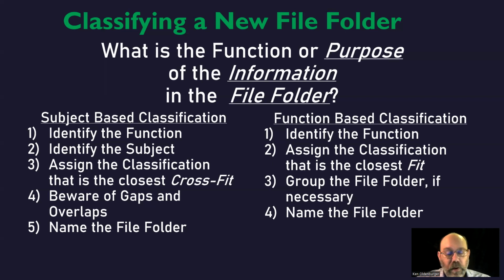That's a challenge. My recommendation there is to pick one that has the best retention schedule appropriate to the file folder. You also have to watch out for overlaps. If you have a file folder or a document for that matter that potentially fits in multiple categories, you have to decide which one is the most appropriate, or you need to make a copy and put it into each, which is not always a bad idea.